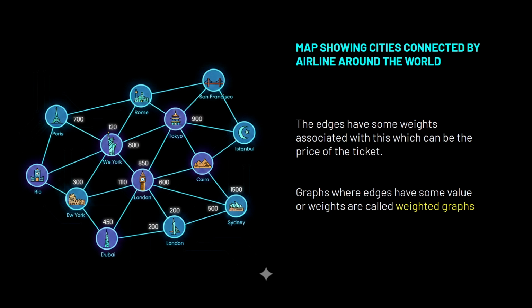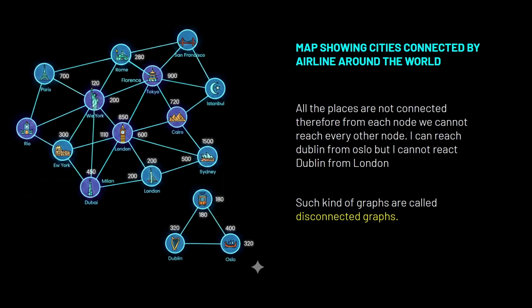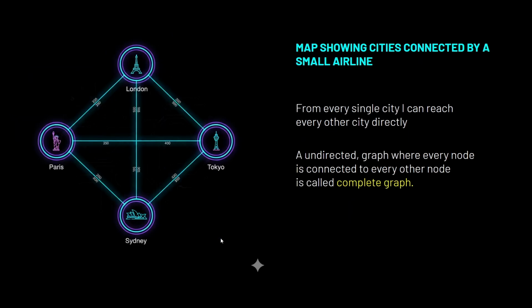In a connected graph, you can visit all the different nodes in a single traversal, whereas here you have to make multiple traversals. You have to make one traversal for going through Paris, Rome, San Francisco, all of these cities, and you have to make another traversal to go through these three different cities. So this was a disconnected graph.